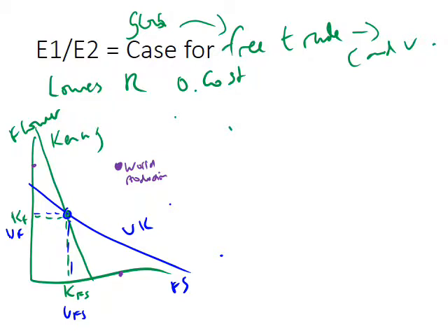If we then specialise in our two things, so the UK comes over here and it produces no flowers, but it now produces a lot of financial services, and Kenya specialises in flowers, so it produces a lot of flowers, but it produces no financial services.